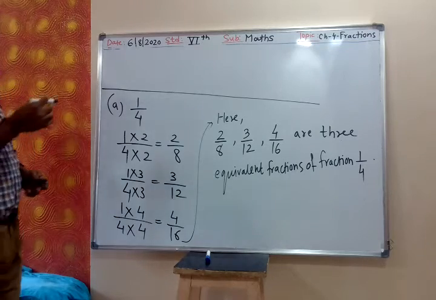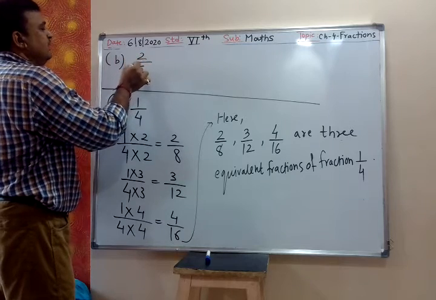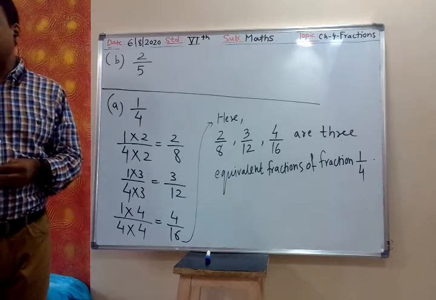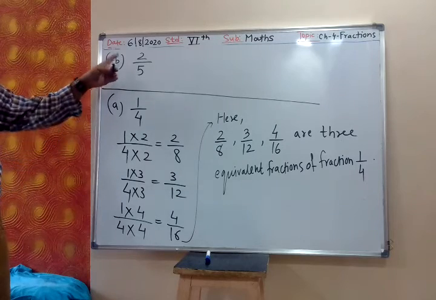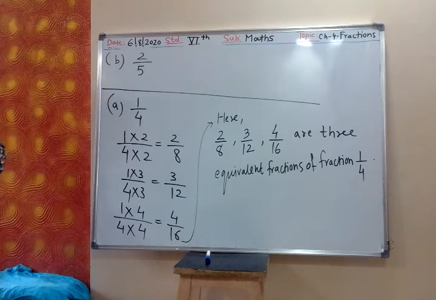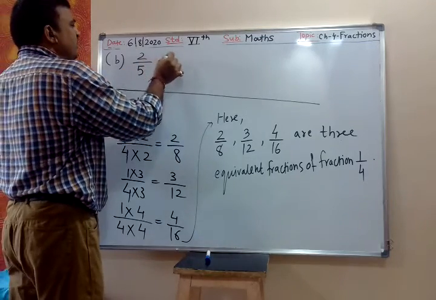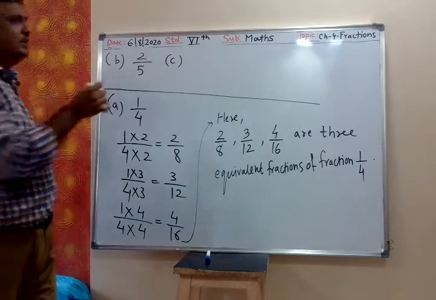Now second is B, 2 by 5. In the same way you will solve: multiply and divide by 2, by 3, by 4.